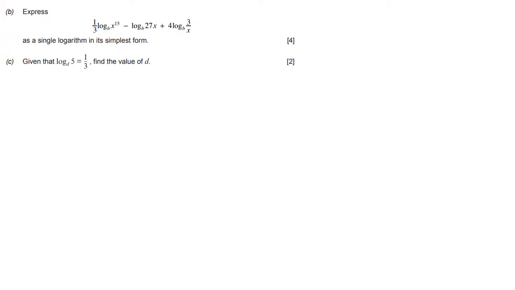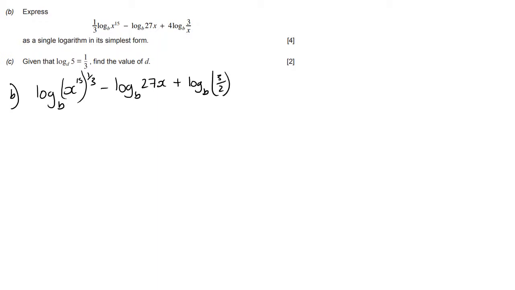So for the first one, I would always start with the power rule. So that third comes up. So we have part A, part B, log to the base b of x to the 15 in brackets to the power of a third minus log b 27x plus log b 3 over x to the power of 4.